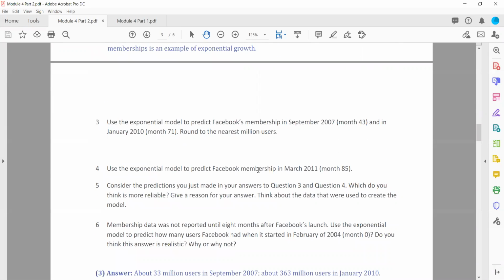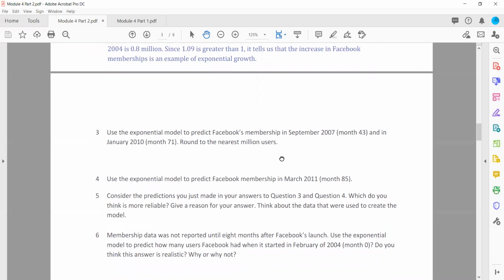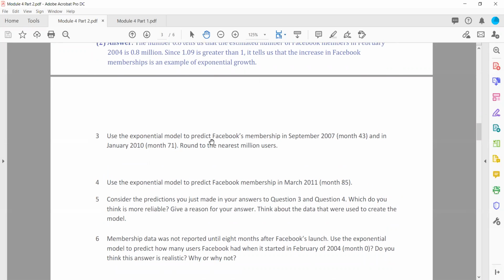Questions 3, 4, and 5. Use the exponential model to predict Facebook's membership in September 2007, 43 months after its launch, and in January 2010, 71 months after it launched, rounding to the nearest million users. 4.